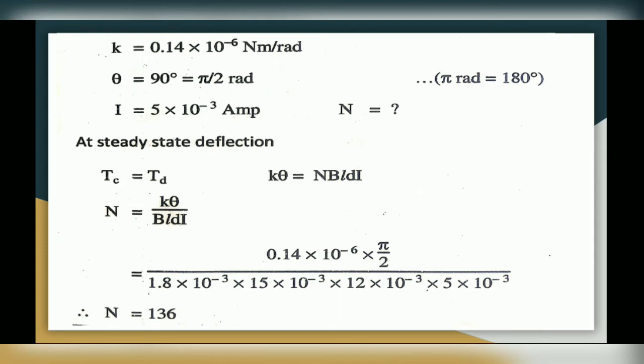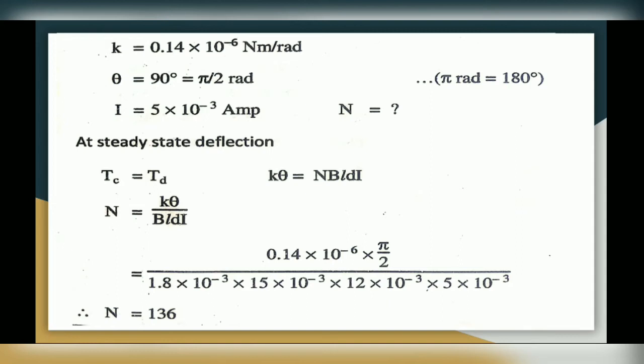The value of K is 0.14 into 10 raised to minus 6, theta is pi by 2, B is 1.8 into 10 raised to minus 3, L is 15 into 10 raised to minus 3, D is 12 into 10 raised to minus 3, and current is 5 into 10 raised to minus 3.